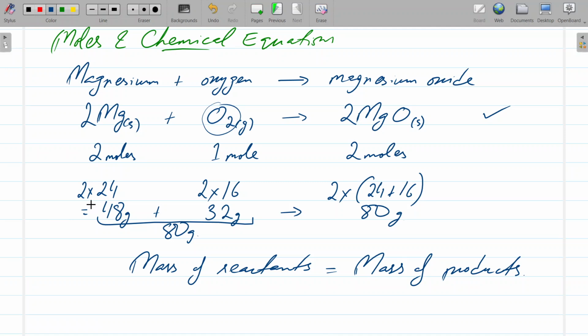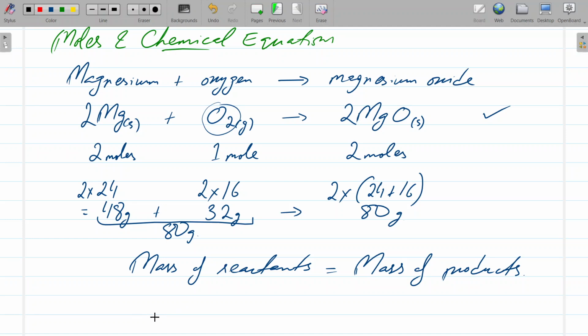And in a balanced equation where all the reactants and all the products are taken into account, this is what you would expect to find, that the masses are equal on both sides. And this is called the law of conservation of mass, right?